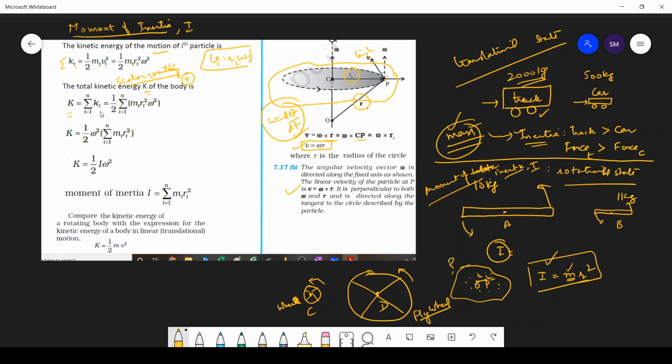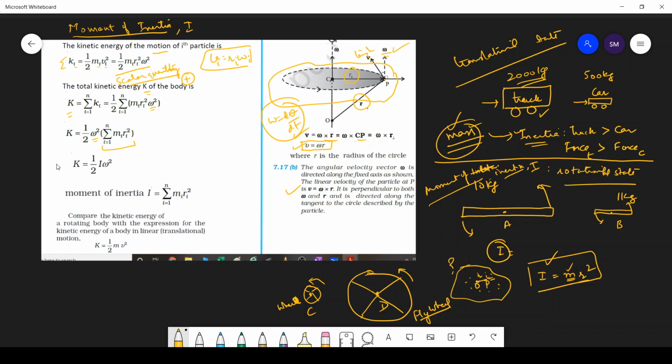Here we know that for all the particles angular velocity is the same, but linear velocity is different. So since angular velocity is the same, omega square comes out of the summation sign, and we are left with K is equal to half omega square summation m_i r_i square.